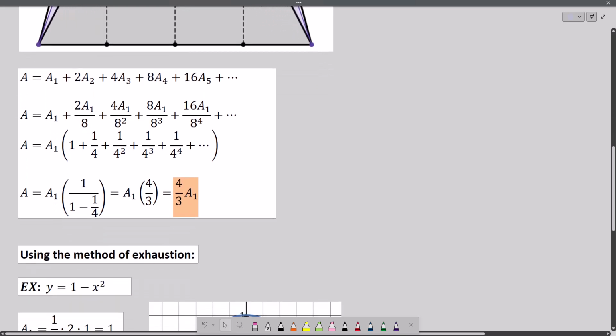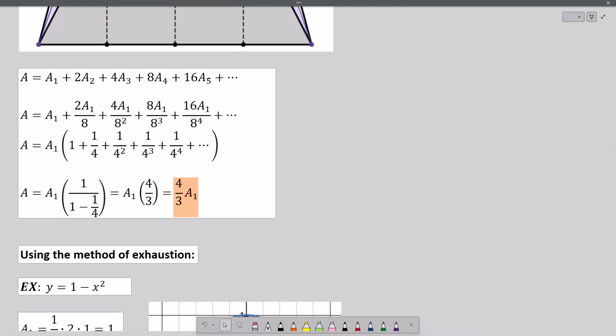And then 8 a sub 4s, etc. And it turns out that this weird pattern exists, that a sub 2 is 1/8 of a sub 1. So a sub 2 can be replaced with a1 over 8. Well, a3 can be replaced with a2 over 8, which is a1 over 64, and so on. You get the point. You can turn all these a's into multiples of a sub 1.